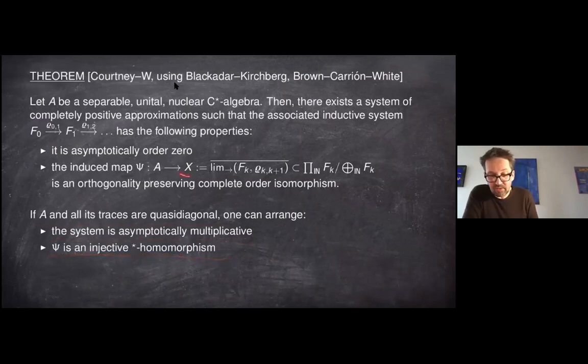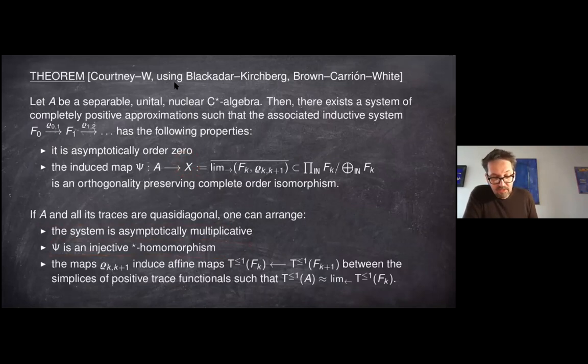So in particular, this is a C star algebra. And you can even more arrange that these connecting maps induce affine maps between the trace spaces. So these are the tracial functionals of norm at most one.